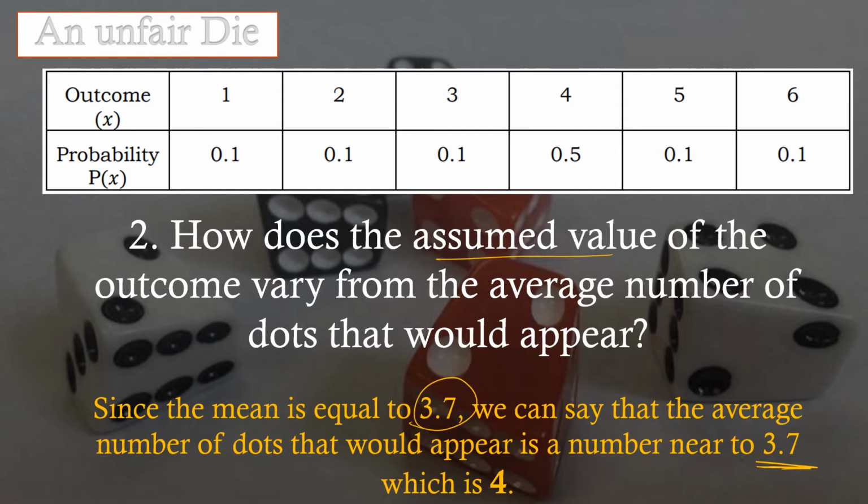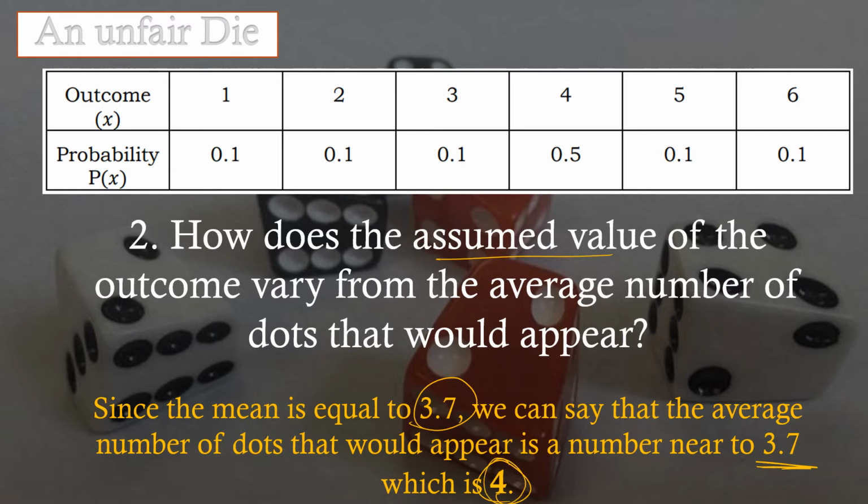And the number near 3.7 is 4. So it means that if you keep tossing or rolling the unfair die, and then for many trials you take the average, most probably it will equal 4.